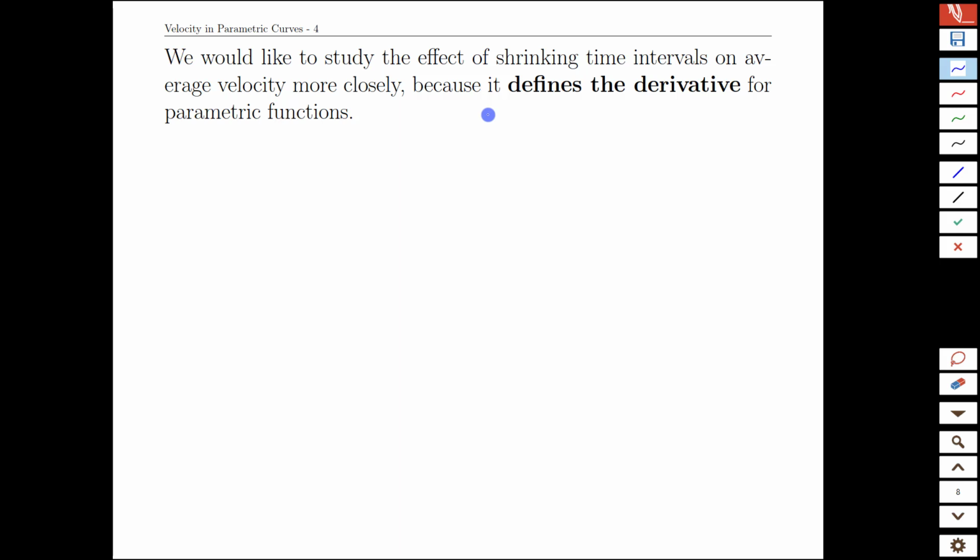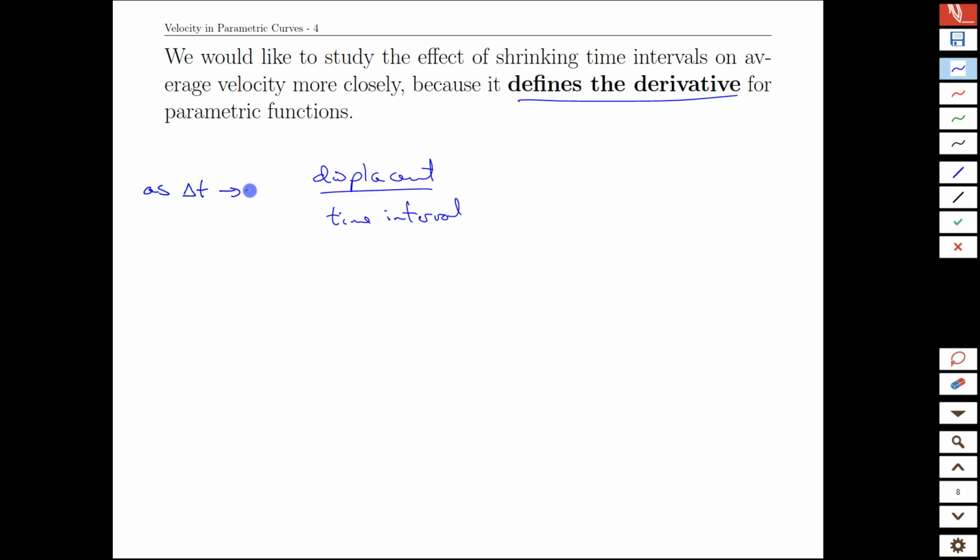What we're sneaking up on here is the idea of the derivative. If we take smaller and smaller time intervals and look at the change in displacement, or just the displacement rather, change in position, over the time interval, as the time interval goes to 0, this approaches the instantaneous velocity, and that is what both Newton and Leibniz originally defined as the derivative of a function.